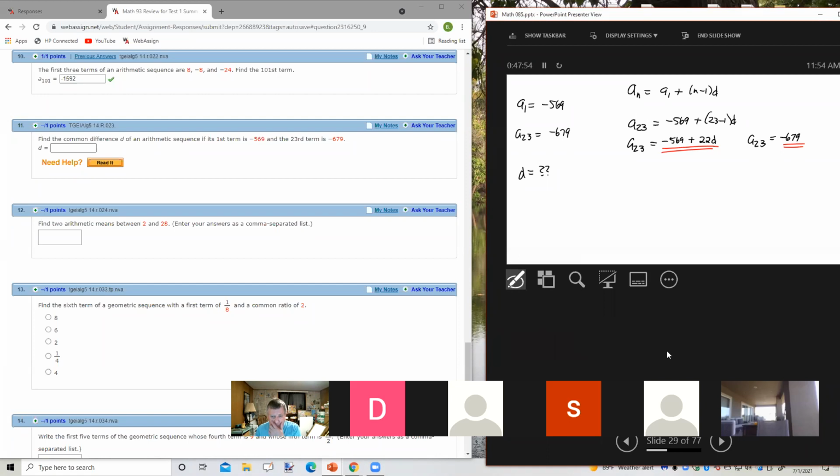This whole idea comes up over and over again in this section. Okay, so I've got negative 569 plus 22d equals negative 679. I'm going to add 569 to both sides.